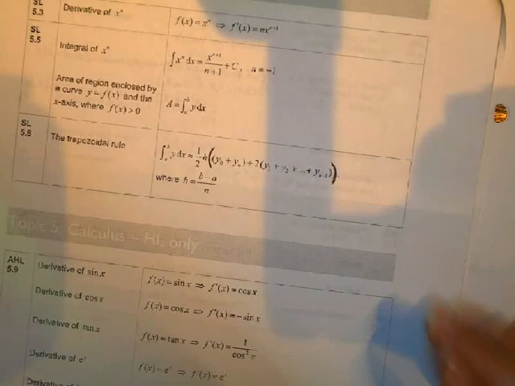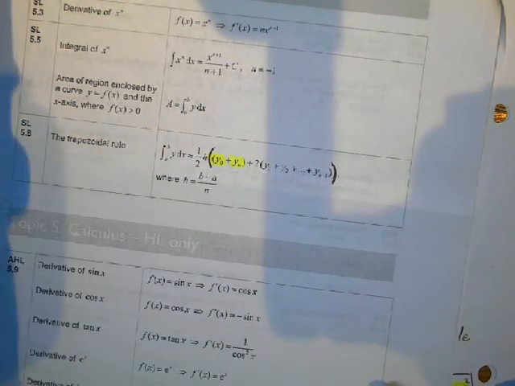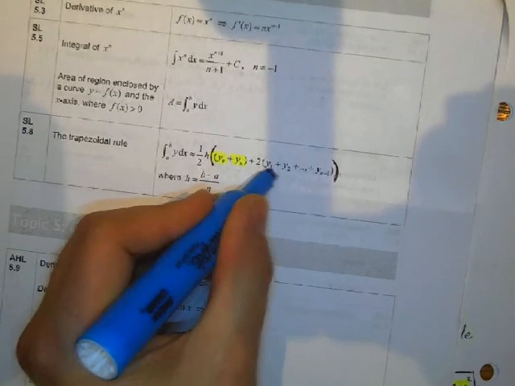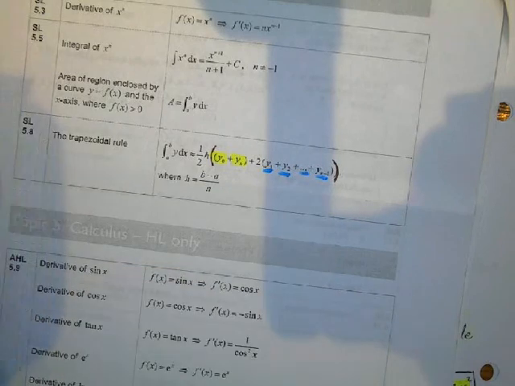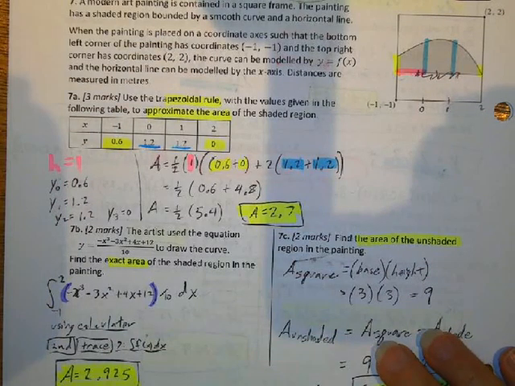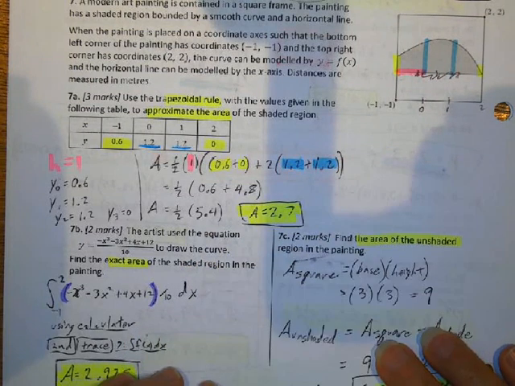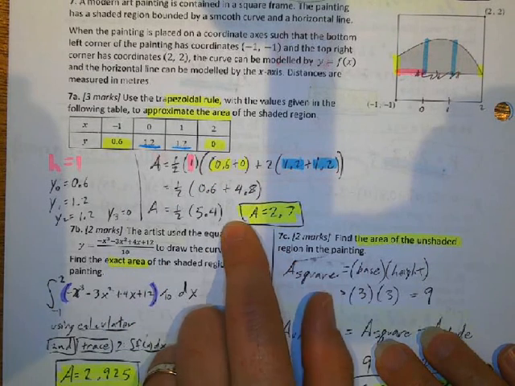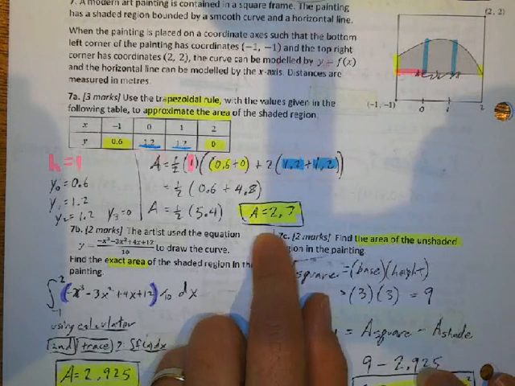And then these other heights are the heights in the interior of our trapezoid. We've only got 3 trapezoids. We put it into our trapezoid rule formula, and we end up with the area of the trapezoids being this.